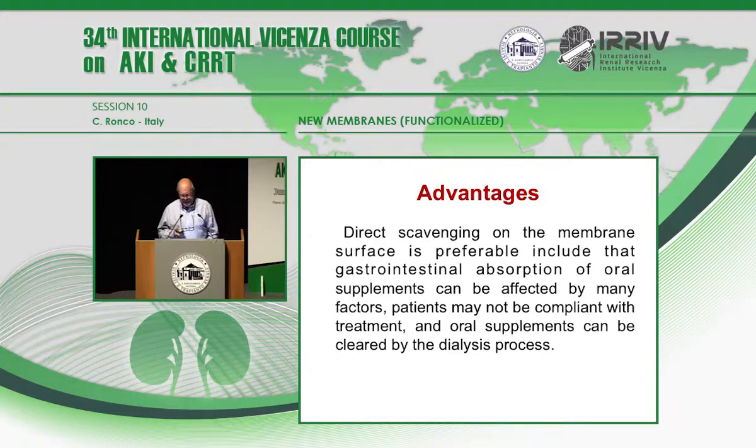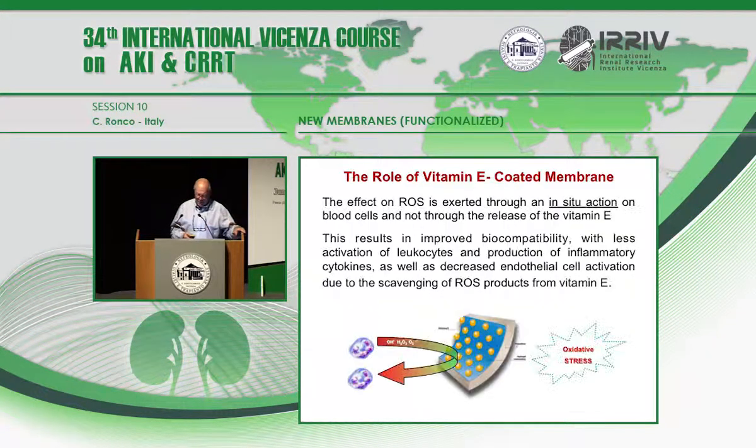What are the advantages? Well, the idea that direct scavenging at the membrane surface is preferable includes that the gastrointestinal absorption of oral supplements can be affected by many factors. Patients may not be compliant with treatment, or oral supplementation can be cleared by the dialysis process. So the idea is to blockade the process exactly at the point where it is generated.